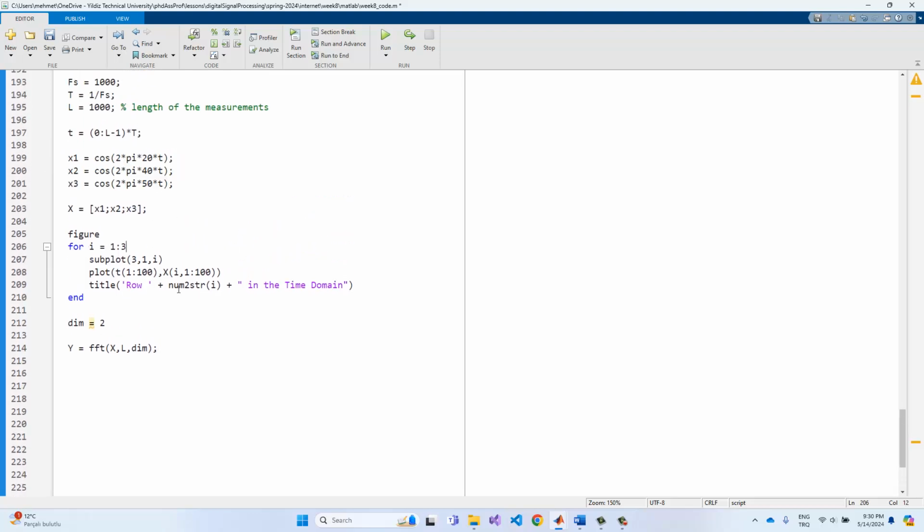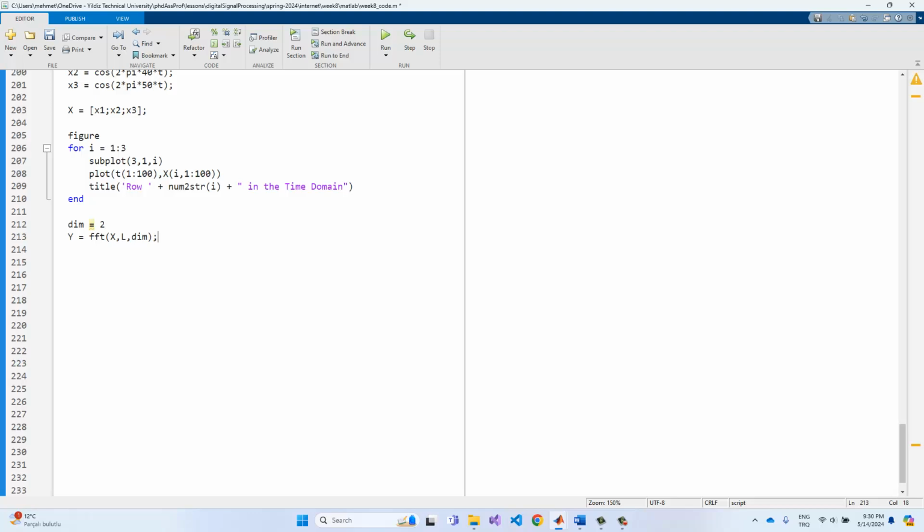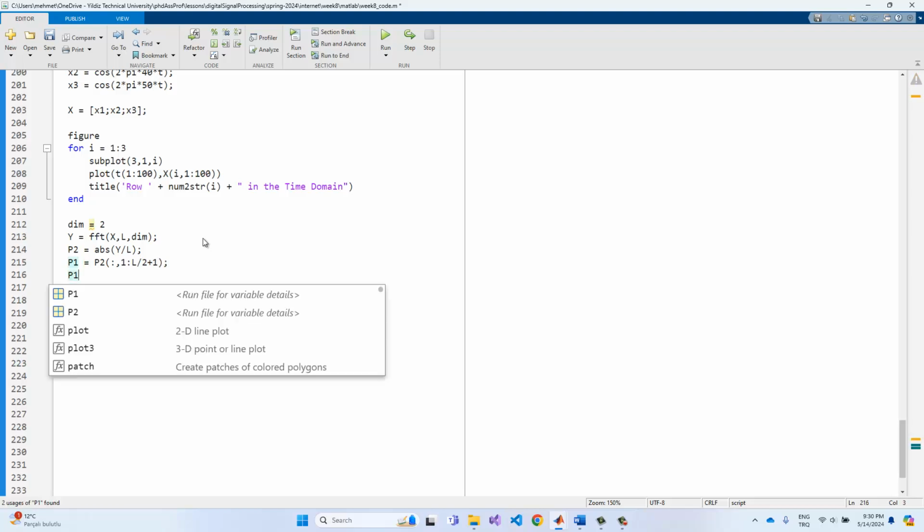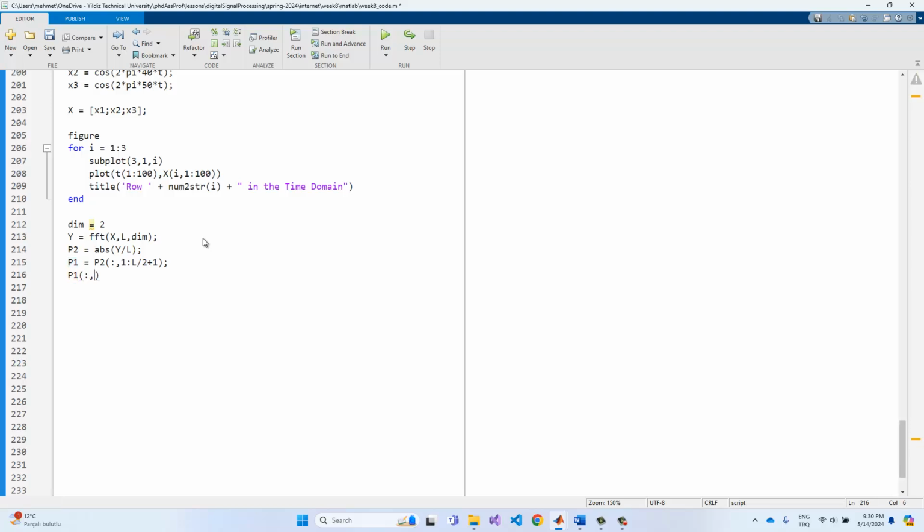We have 3 different signals, and so we can use the 2D FFT transformation in here, just like this one. And so P2 can be utilized with the absolute values of y divided by L, and P1 can be assigned with P2, whole values 1 to L divided by 2 plus 1. And so P1 whole values 2 to end minus 1, times 2.